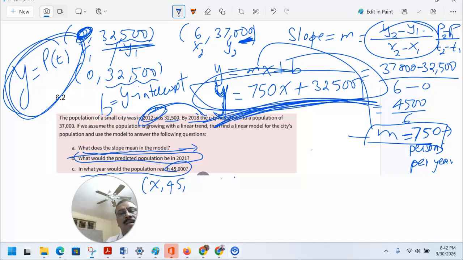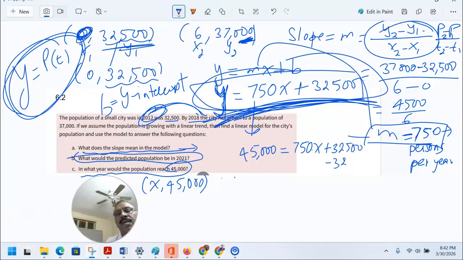See? So in this equation, you put y as 45,000. This will be 750x plus 32,500. Now you have to solve for x.